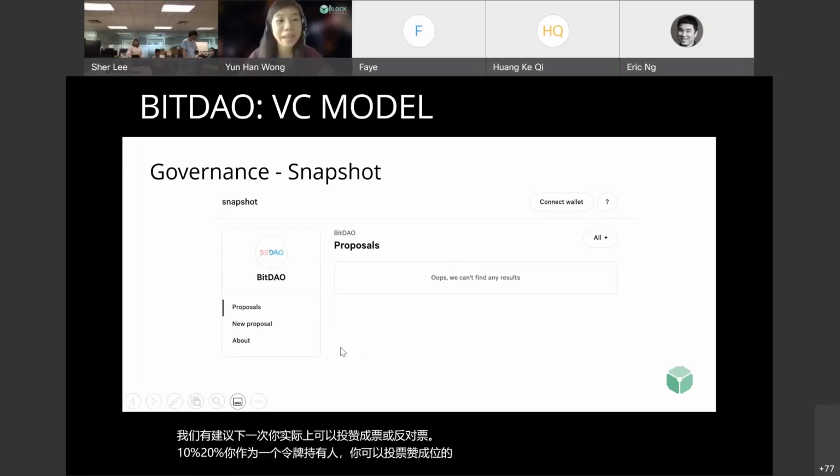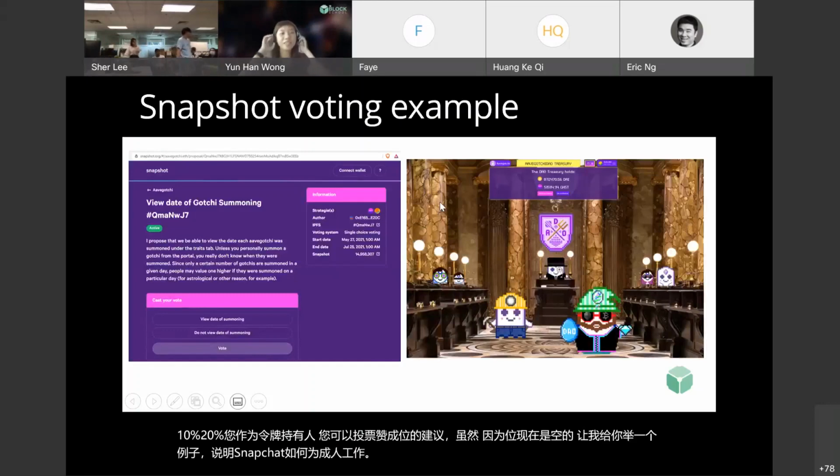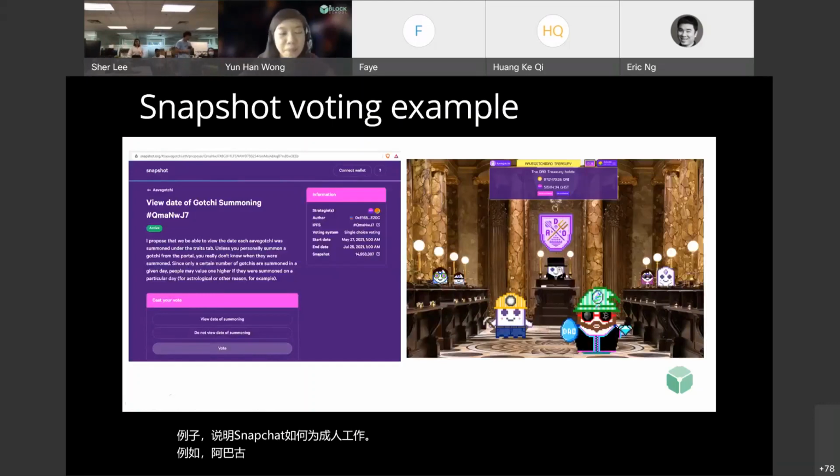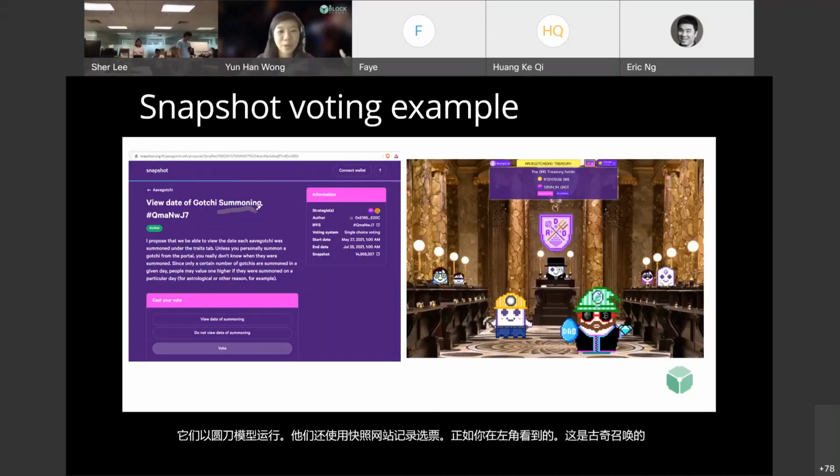Since BitDAO is empty, let me give you an example of how Snapshot works for other DAOs. For example, Aavegotchi is a blockchain game. They operate in a DAO model. They also use the Snapshot website to record votes. As you can see here at the left corner, this is a proposal for Gotchi summoning, meaning summoning the game monster.